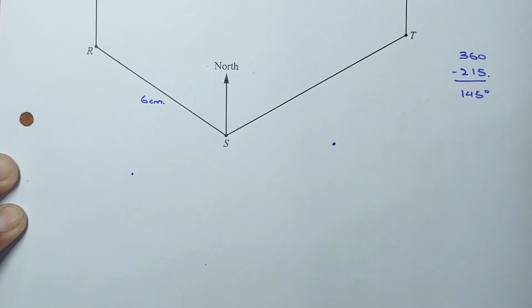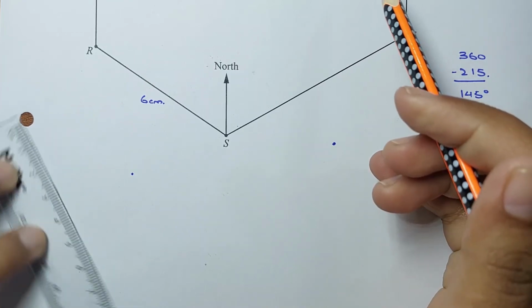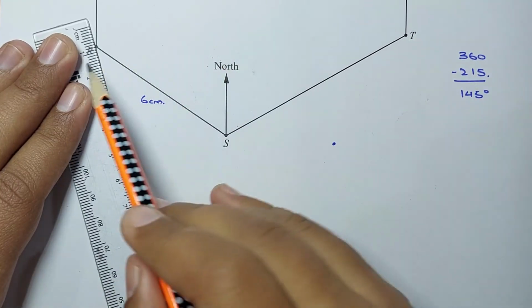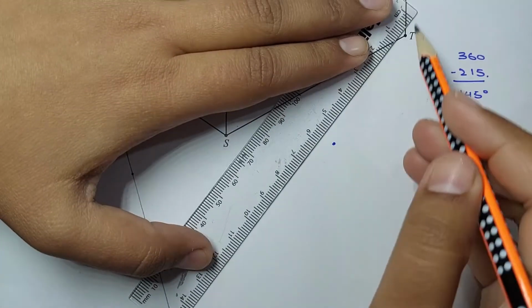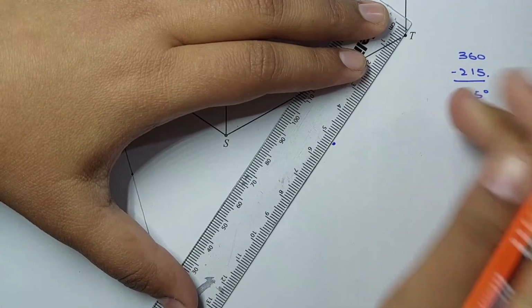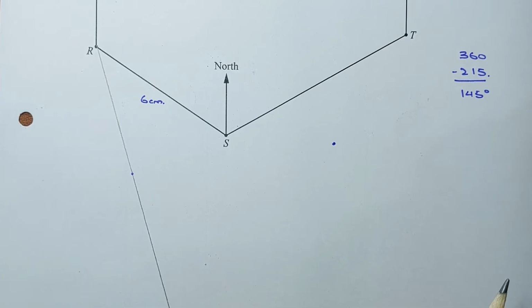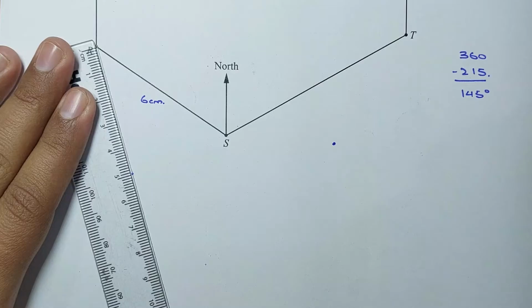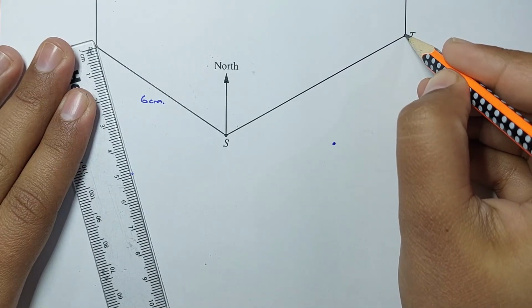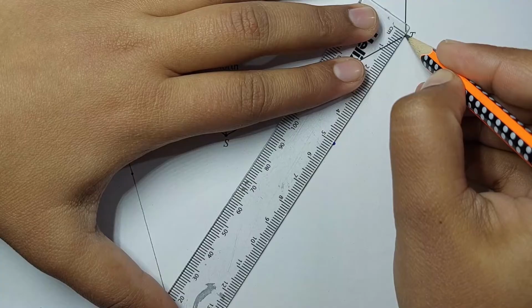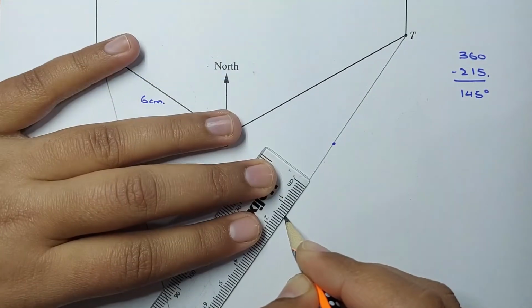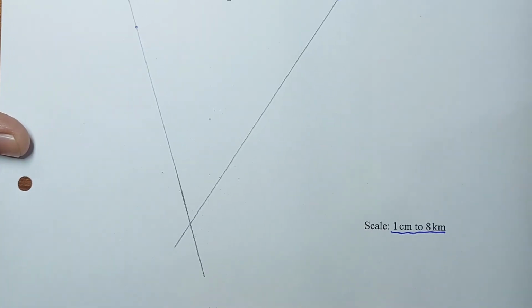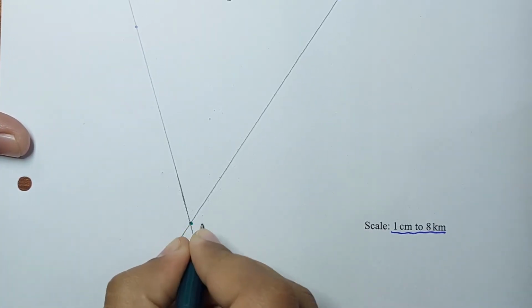Let me connect these two lines to get the position of town V. Let me extend the lines, right? And from T passing through this point, right? So this is the position of town V.